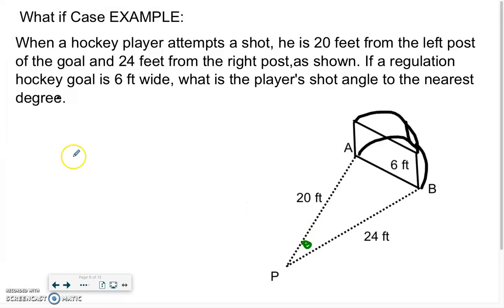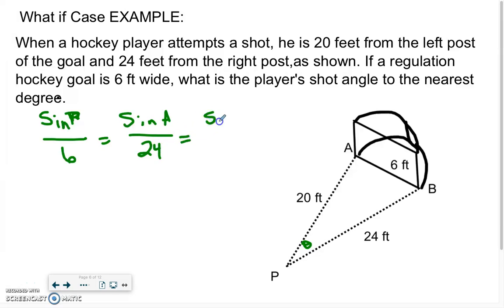So right now, if we use law of sines, we have sine of P over 6 feet, because that's the distance between the posts, which is across from angle P, is equal to sine of A over 24, since it's across from there, is equal to sine of B, which is then 20 feet.